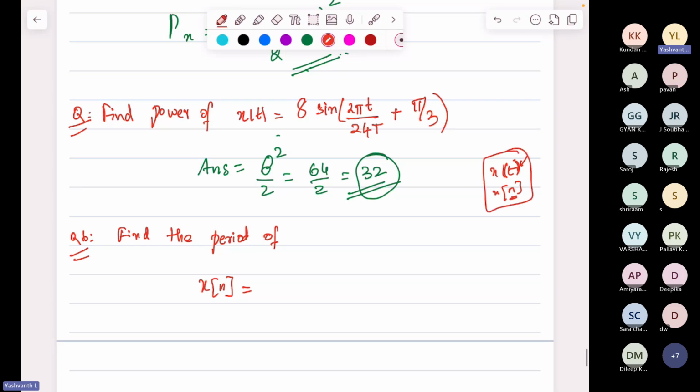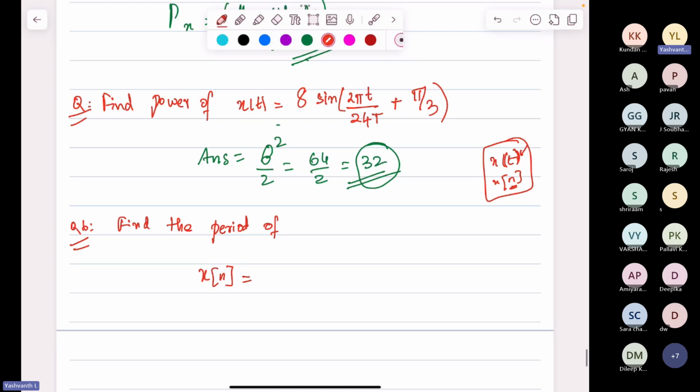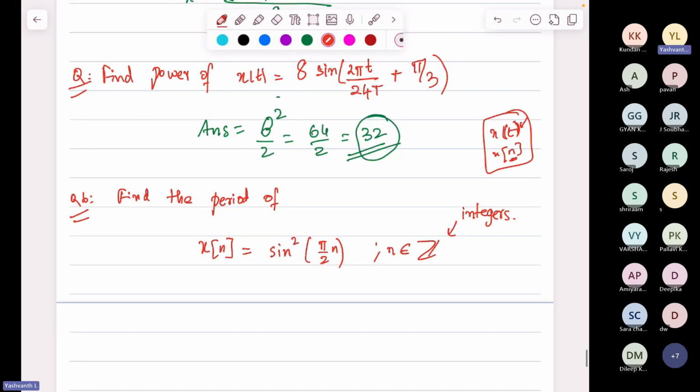Otherwise, all are the same. Find the period of the discrete time signal x of n equal to sine squared of pi by 2 n, where n belongs to the set of all integers. This means integers.